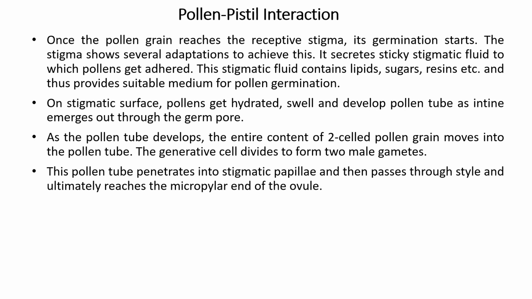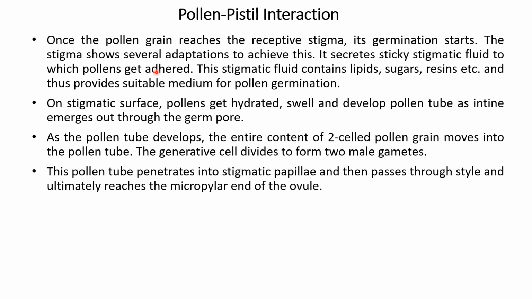Pollen-pistil interaction. Once the pollen grains reach the receptive stigma after pollination, germination starts. The stigma shows several adaptations to achieve this. It secretes sticky stigmatic fluid to which pollen get adhered.